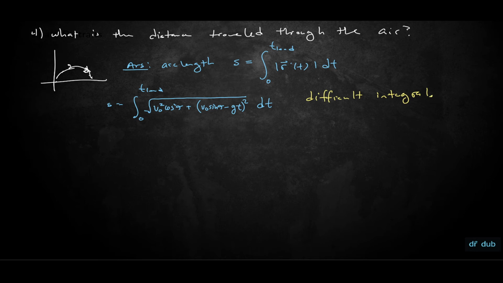There's a way to do it by hand, I'm sure. I could work it out with trig substitution, but we'll just leave it alone. But that would be the actual distance through the air that you travel, not just the x direction, not just the y direction, but the actual arc length of the parabola. So that would be a nice thing to compute.